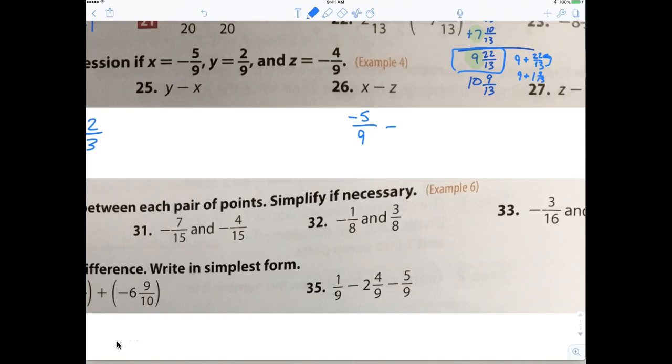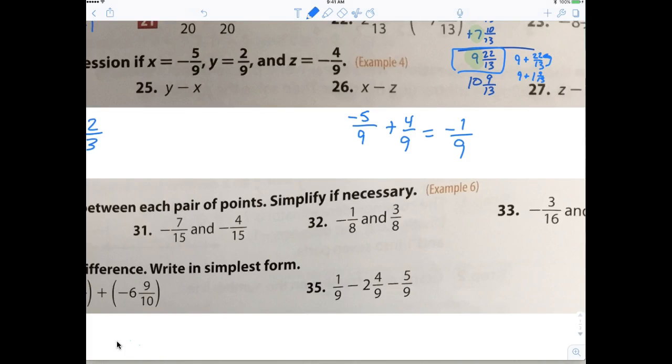And then minus, what's z? z is -4/9. So the double negatives become a plus. Is that good with you? Plus 4/9 equals -1/9. Simple. Good job. Very, very good.